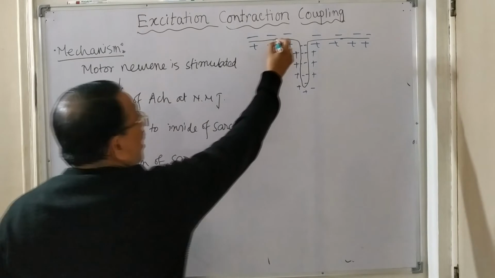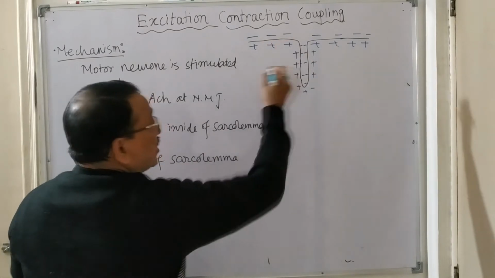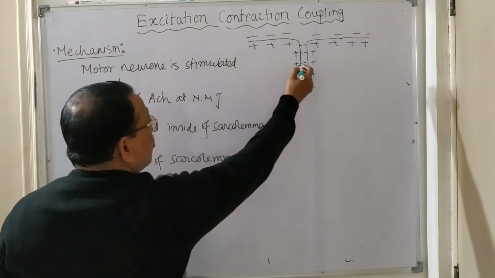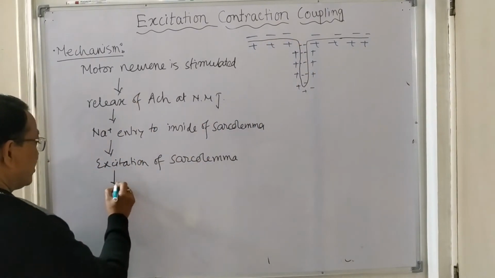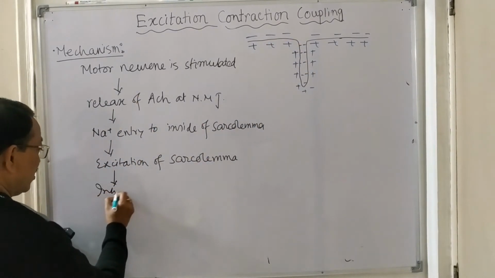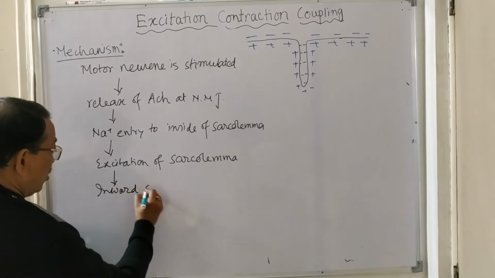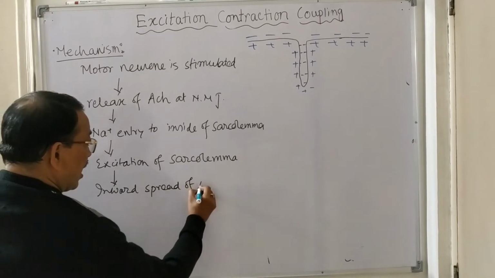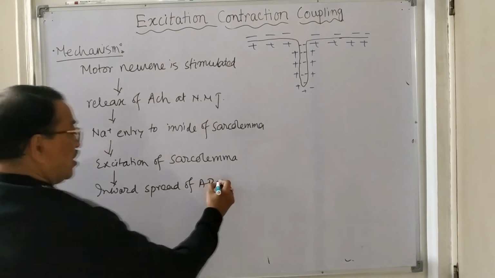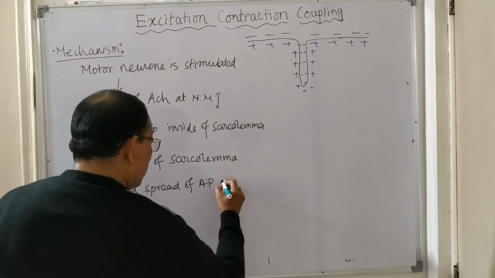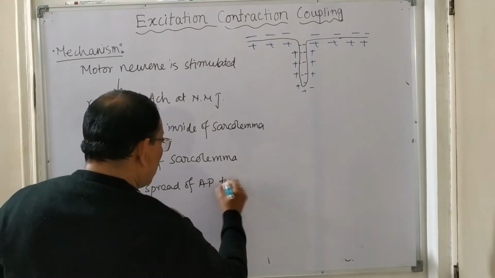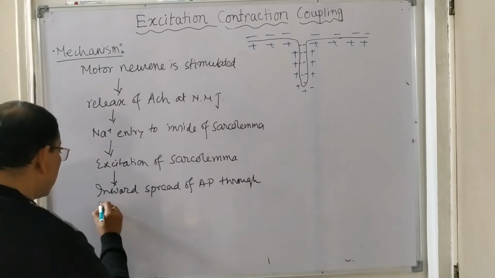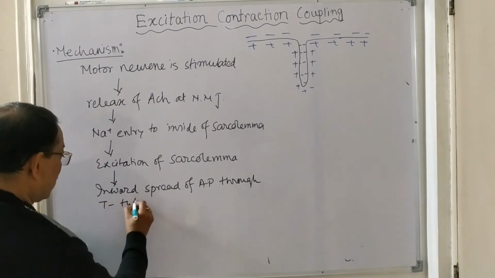So the sarcolemma is excited or depolarized. Once the sarcolemma is excited or depolarized, there is an inward spread of the action potential through the T-tubule.